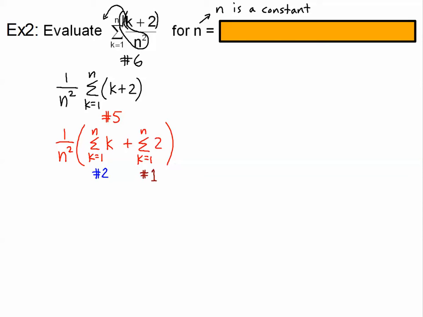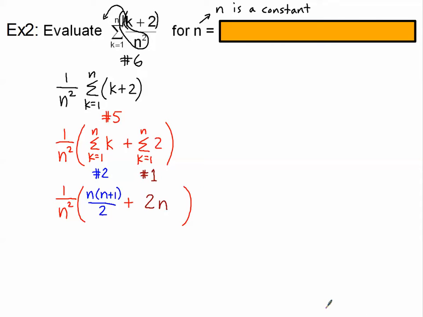I'm trying to color code here, so everything that's in red is not changing. Formula number 2 says I can take this, where the k is right here, and say that that's n times n plus 1 divided by 2. And formula number 1 says if I have a constant here, I just multiply the constant times n, and I've got 2n.